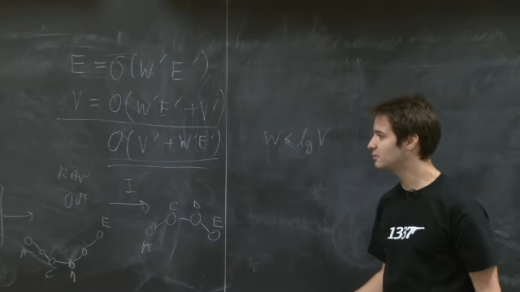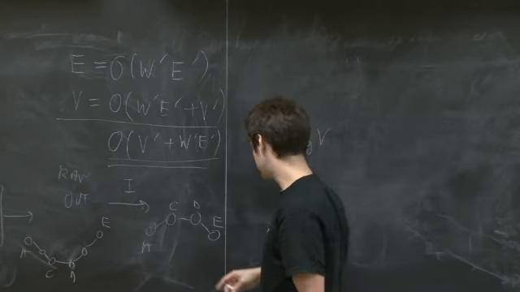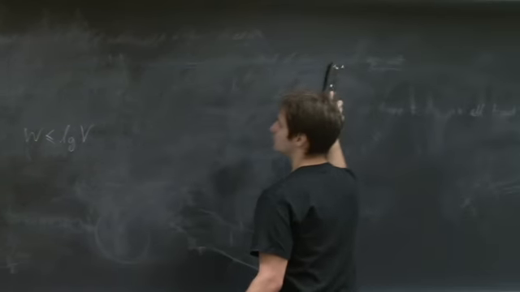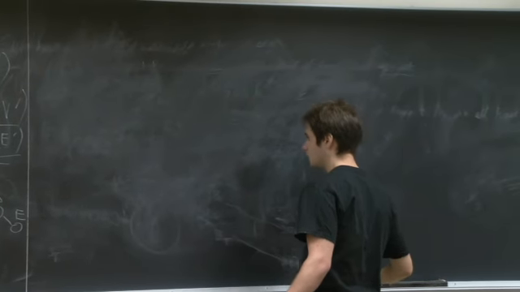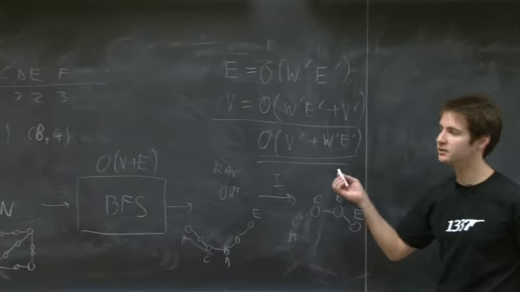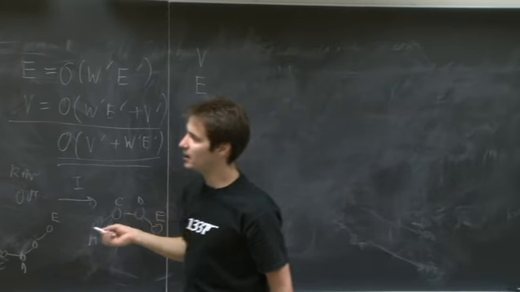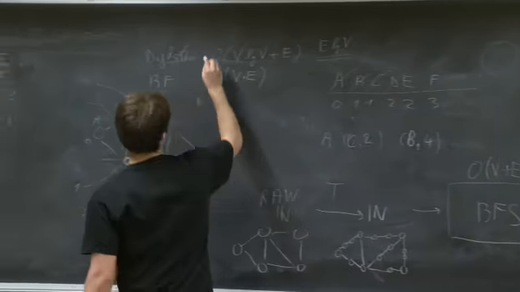Okay, let's talk about another problem that also uses this structure. So suppose we have the same graph that we had before, or actually any graph with V vertices, E edges. Now we know how to compute shortest path, so we can assume these as black boxes.